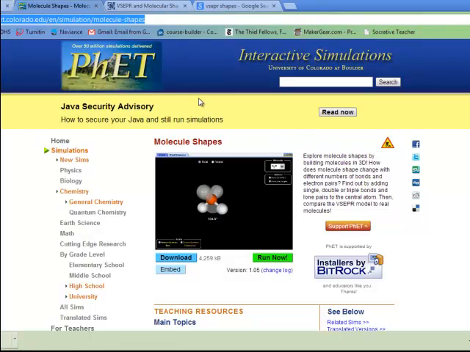Here's the PhET website at the University of Colorado, with the interactive simulations. Be careful, this is a Java-based program, and if you go to the website, you can read the security advisory.